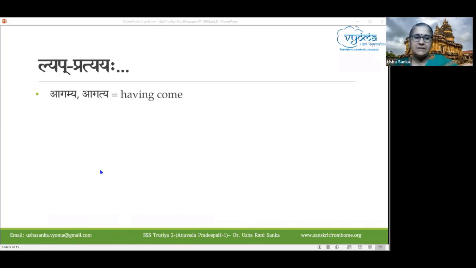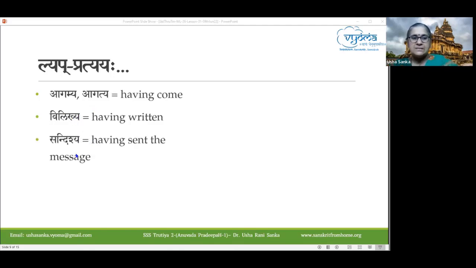So now the lyap pratyaya. See, agamya, agatya is an optional form, having come. Vilikhya, having written. So you see, it's very easy to join ya after the dhatu. Sandishya: dish is the dhatu, sam is the upasarga.